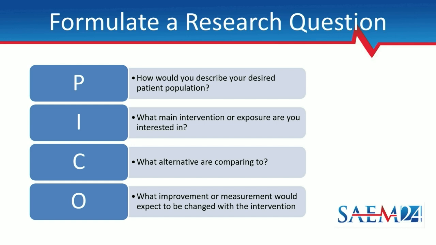I think if you're doing a systematic review that involves an intervention of some sort, that would be relevant here, okay? The alternatives, what's the comparator, and then the outcome, or what improvement or measurement would you expect. So the research question for a systematic review is defined just like it is for a prospective research study, retrospective research study, the same idea.